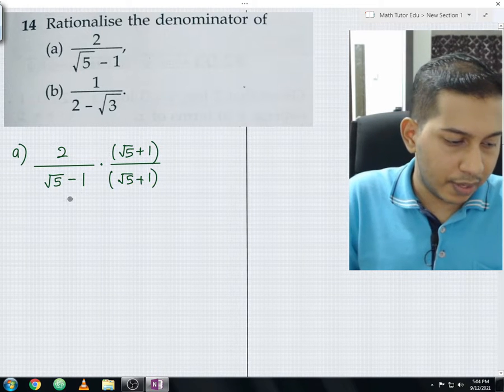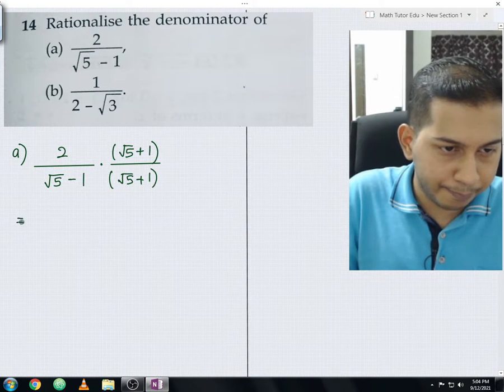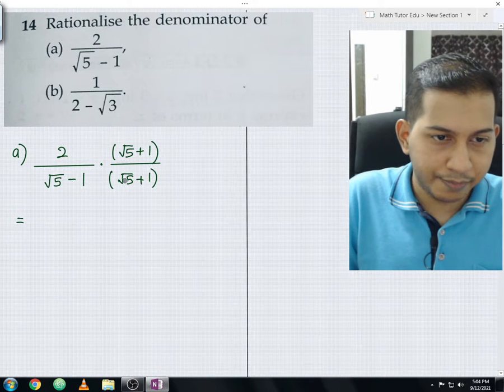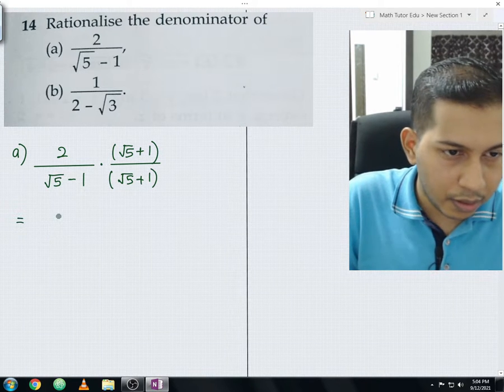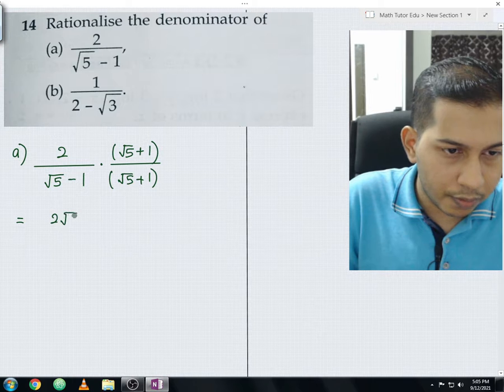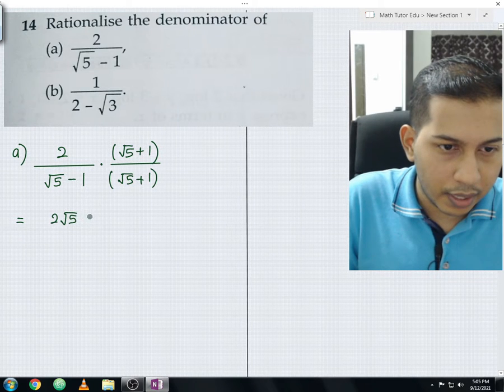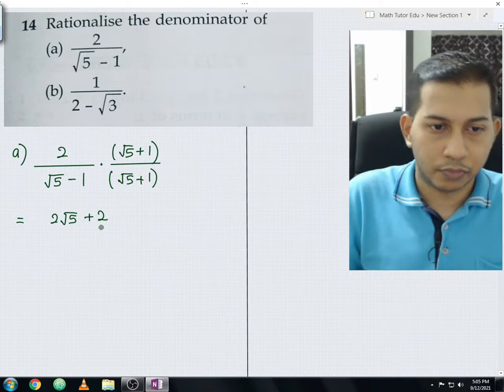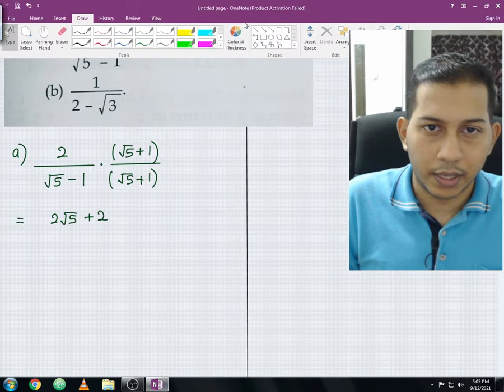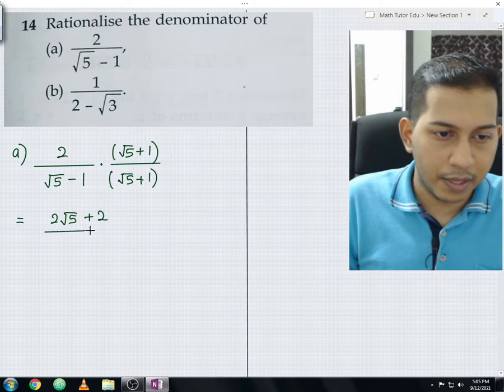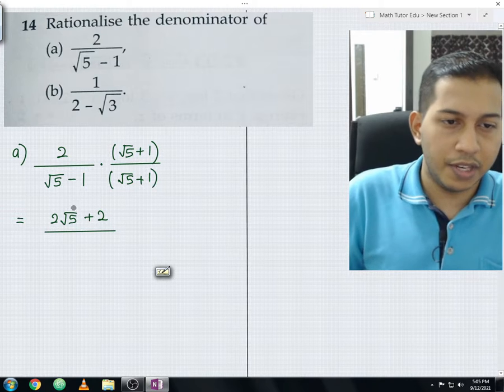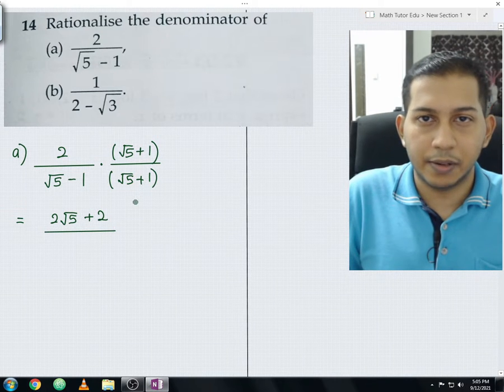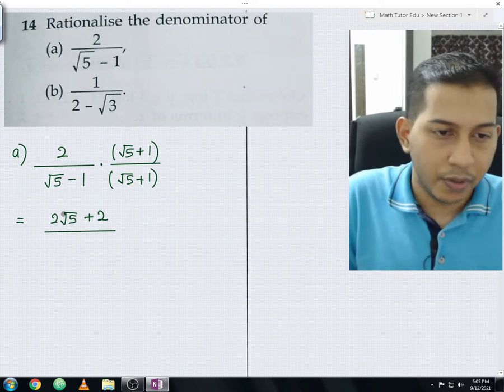So let us proceed to the next step. For the next step, you times in. So from here you get 2 square root 5, and then you get plus 2, and then you divide with. For the denominator, we're going to apply the conjugate concept that I explained earlier.